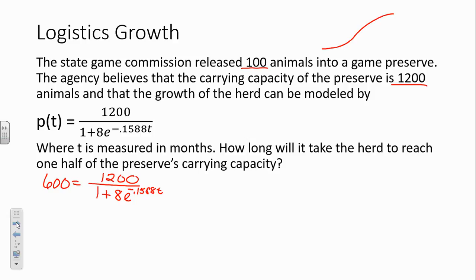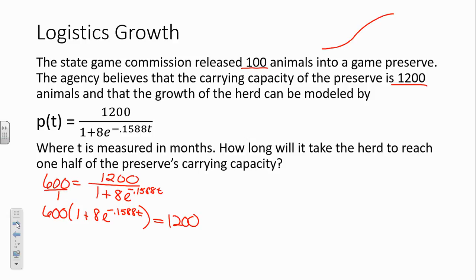So now we just have to unwind this equation. So we're trying to get to this t eventually. How do we solve a fraction equals a fraction? Yep, cross multiply. We can take our 600 times this 1 plus 8 e to the negative 0.1588 t, and set that equal to 1,200.